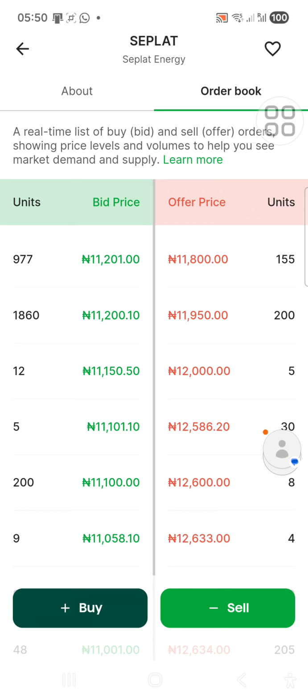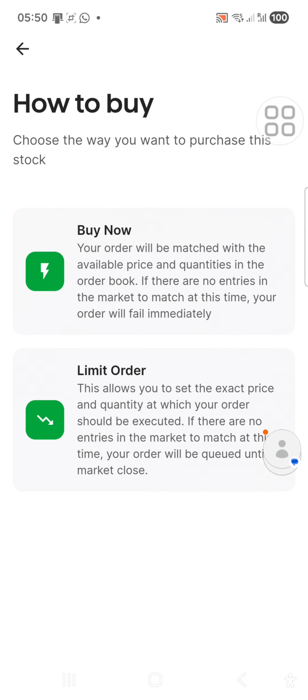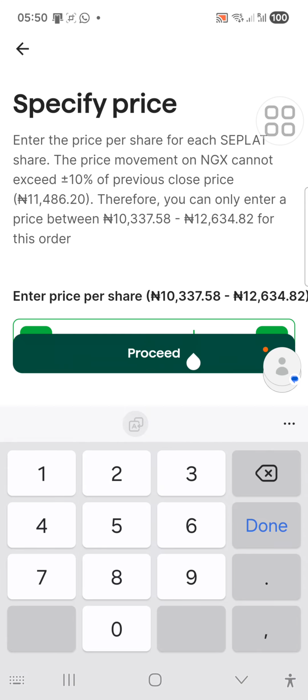So to buy this stock, you click on buy, and then again you click on limit order, and then you now put in 11,800 naira, and then you click on proceed. Remember to clear the amount they are showing for you and then put in the amount you want to pay, which is 11,800 naira.